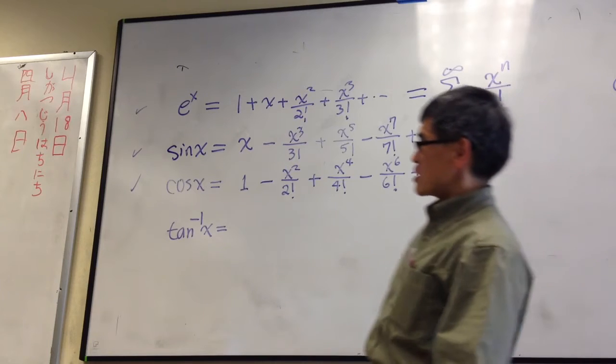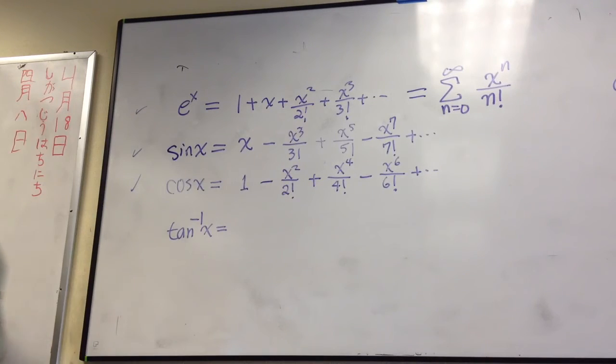Why is this so? Because on the side you see that the derivative of that guy is 1 over 1 plus x squared, and this therefore can be thought of as 1 over 1 minus negative x squared, and therefore is a geometric series like this, alternating, right?